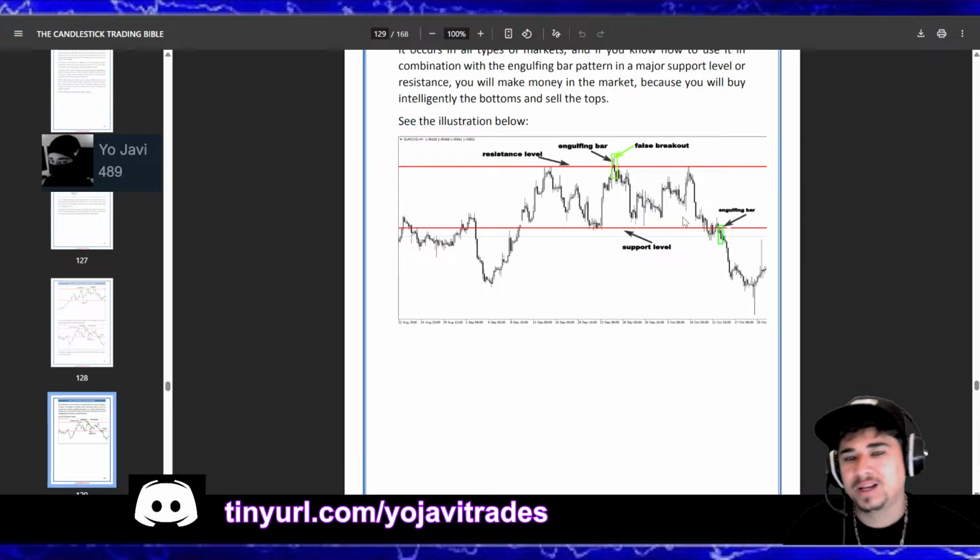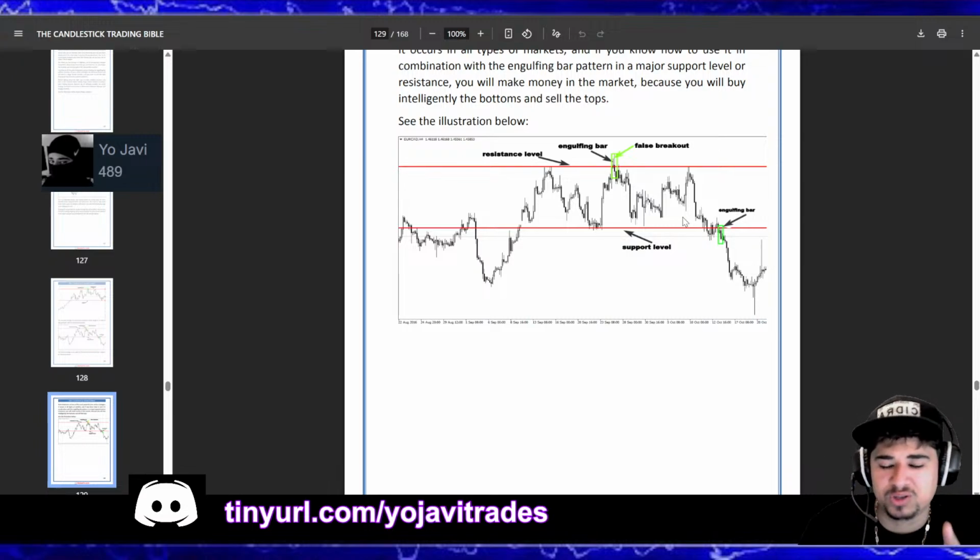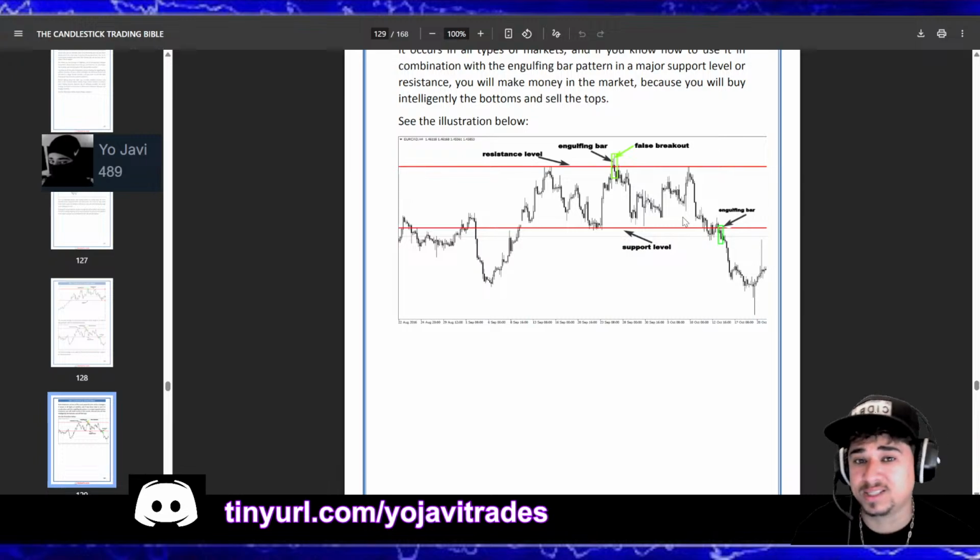In Forex, they talk about leverage, 1 to 50, 1 to 200, 1 to 1,000. This is for unregulated brokers. But when it comes to futures, leverage is built in, so you don't even really have to think about it anymore. All you gotta think about is your contracts and ticks and points. But it's definitely great to understand.